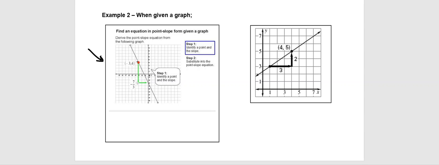So I can already see I have a starting point that's been marked for me. It looks like the slope has been counted for me and has actually been solved out. So it looks like they must have counted a rise down of 7, a run to the right of 3. So there's our slope of negative 7/3.